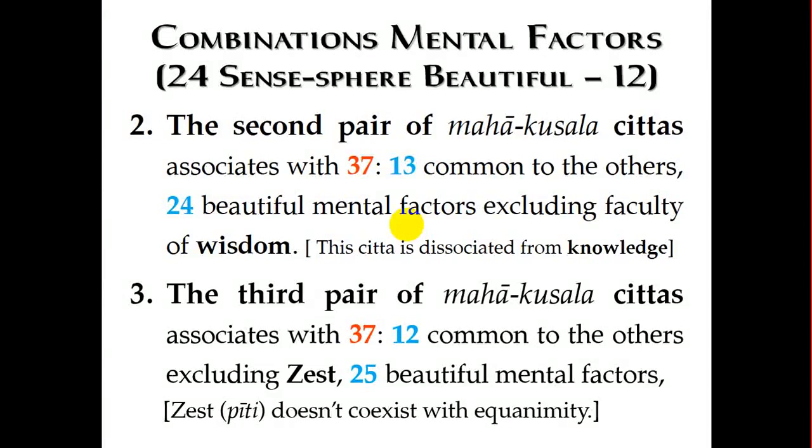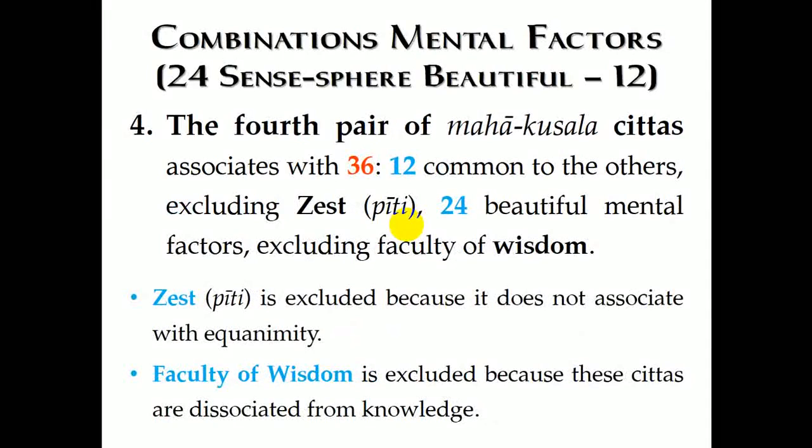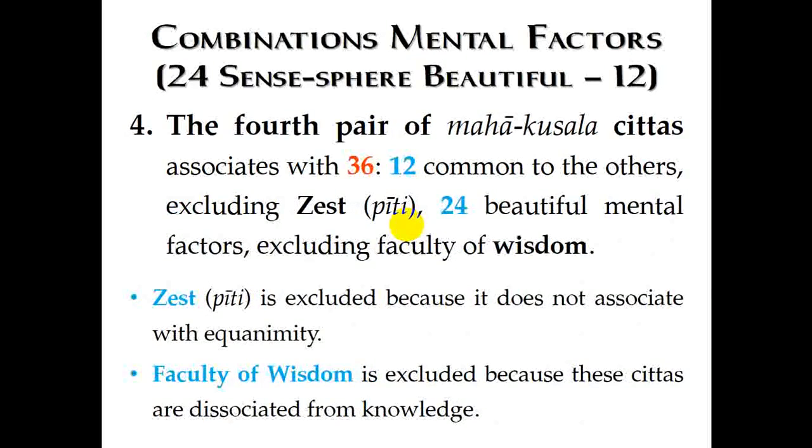How about the fourth pair of Mahakusala? It is equanimity feeling, so we have to exclude zest. It is dissociated from knowledge, so we also have to exclude the faculty of wisdom. Altogether, 36. Here I have given the reason: zest, piti, is excluded because it does not associate with equanimity.